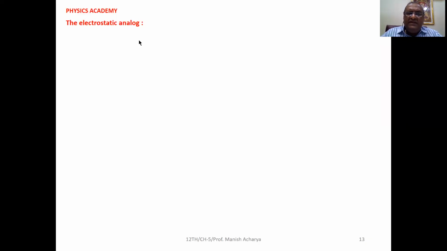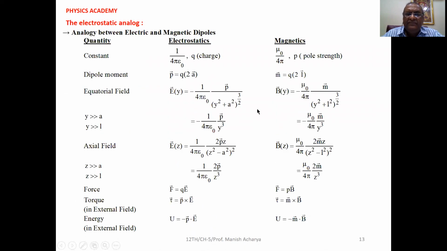Now the next topic, that is the electrostatic analog. There is an analogy between electrostatics and magnetics. Now see here how one can understand this analogy: quantities in electrostatics and magnetics. Analogy means the role of the respective physical quantities in respective branches is the same.